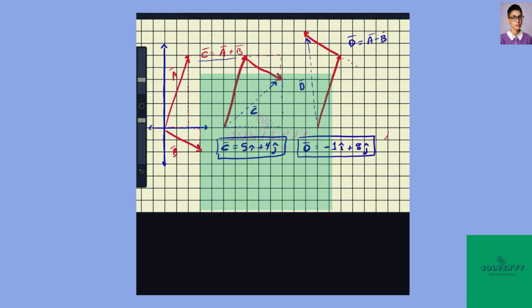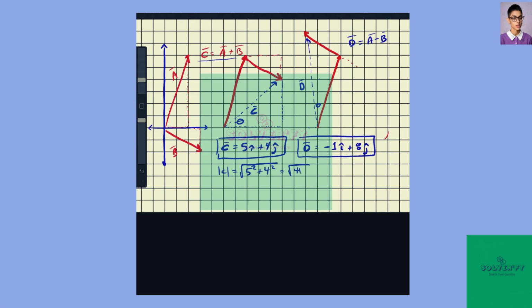And then it wants to put it in polar coordinates. Well, in order to put it in polar coordinates, we need to know the magnitude, and we need to know the angles of those two lines right there. And so the magnitude for C is just going to be 5 squared plus 4 squared, and take the square root of it, which is the square root of 41.